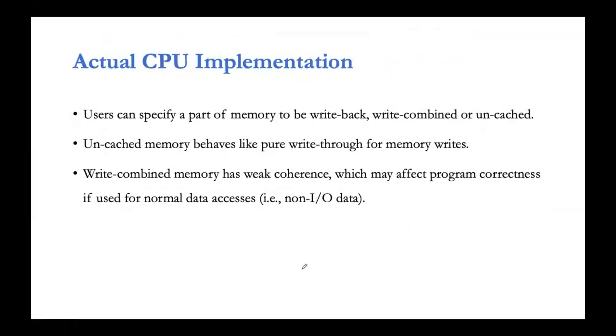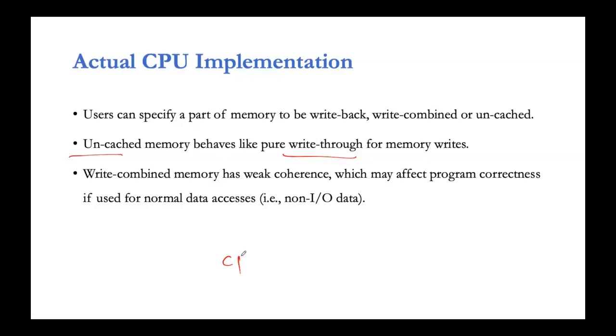In actual CPU implementations, users can specify a part of the memory to be write back, write combined, or uncached. Uncached memory behaves like pure writes: when there is no cache, you simply write to the main memory.